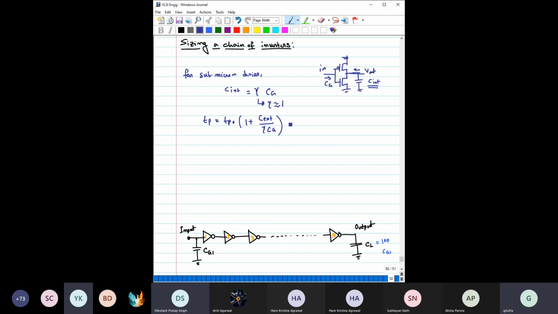Now if you consider gamma equal to 1, then it would become C external by Cg. Now what is this C external by Cg? This is called fan out, denoted by the symbol F. So Tp naught times (1 plus F). Let us keep this gamma as well, because I want to write gamma here and do not want to change right now.